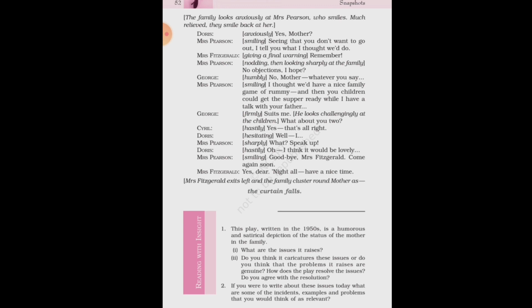So she makes them agree, George, Cyril, and Doris, all three of them, without hesitating or asking her back. They agree to do whatever they are told. So finally Mrs. Fitzgerald exits and the lesson has come to an end. Thank you.